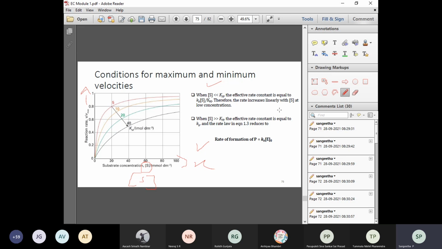The rate increases linearly with S at low concentrations. When the substrate concentration is greater than the Km constant, the effective rate constant is equal to the rate of formation of your product.